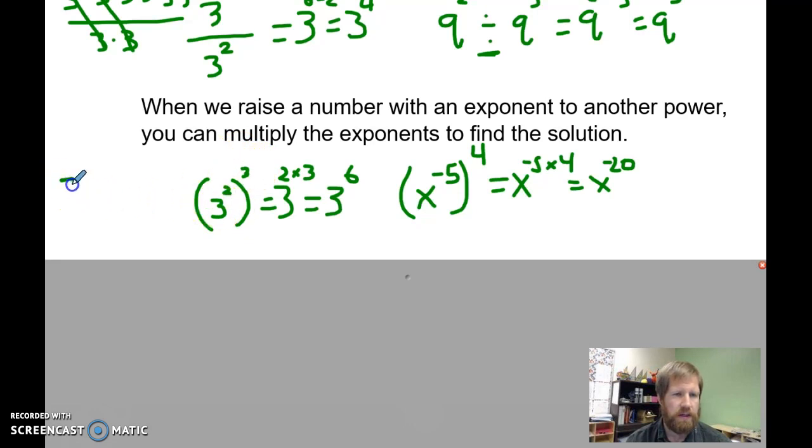So I'm basically taking 3 times 3, that's 3 to the second, and I'm doing that 3 times, which means I'm going to have another 3 times 3, and another 3 times 3. Sorry, my mouse is messing up. So that gives us 6, right? So it's 3 times 3 times 3 times 3 times 3 times 3, or 3 to the 6th.